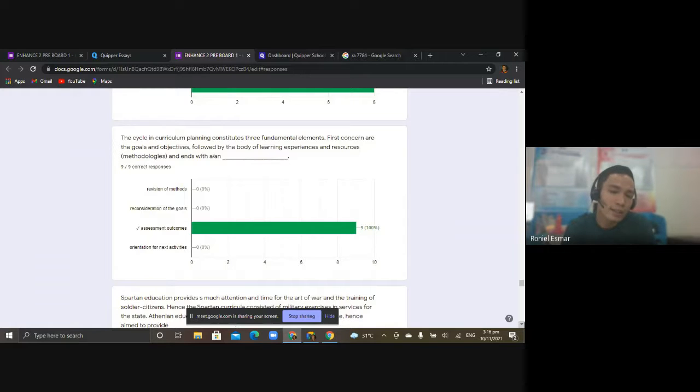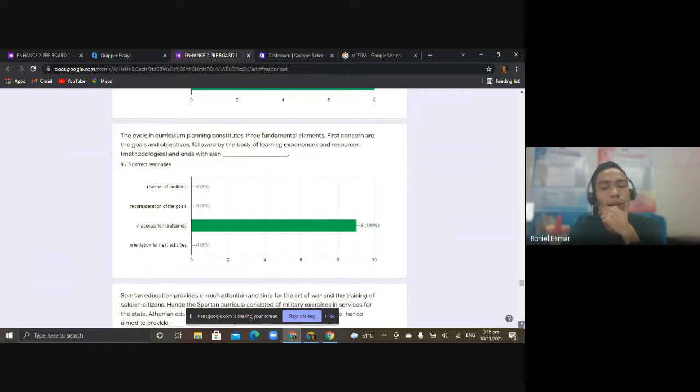Of course, the assessment outcomes, by providing assessment tools and tests. Then we can see from the scores if they were able to indeed reach the intended learning outcome for the lesson. That's why the correct answer is letter C.